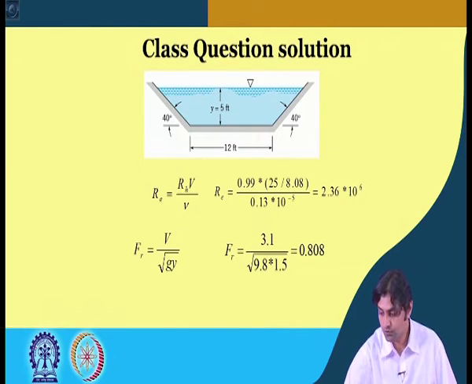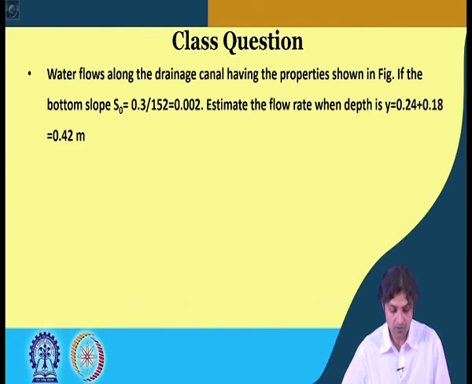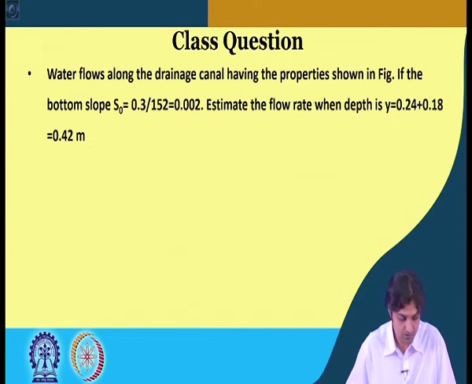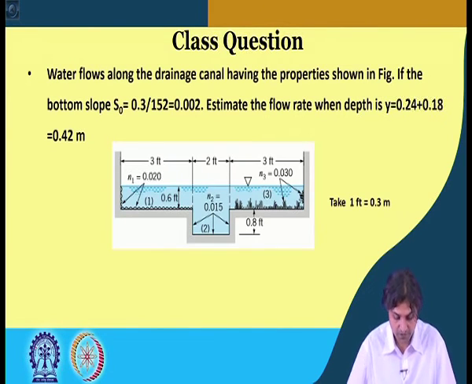So, we go to solve another question now. It says that water flows in a channel shown in the figure below. Water flows along a drainage channel having the properties shown in this figure.